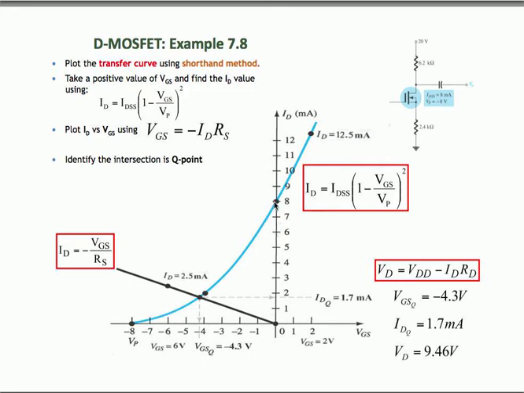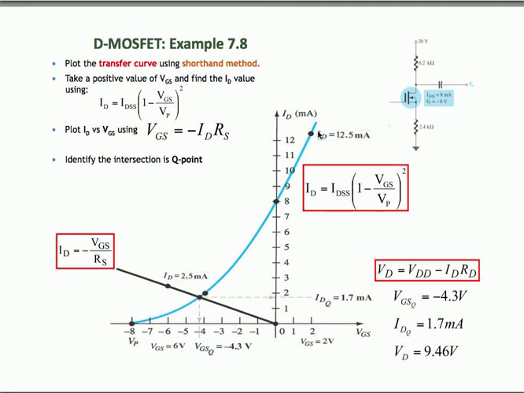But you also know that the D-MOSFET can be operated with a positive gate bias. To calculate the drain current when you apply a positive gate bias, you use the Shockley equation. You insert a positive value of VGS, and you will get the magnitude of current in the enhancement mode when the applied gate bias is positive.